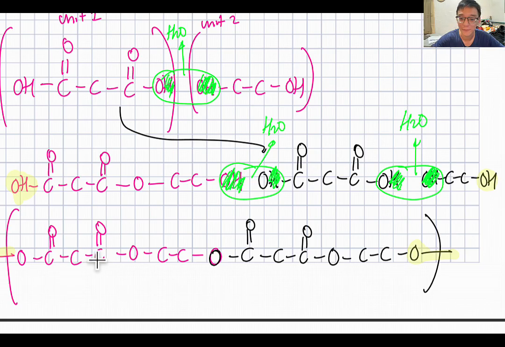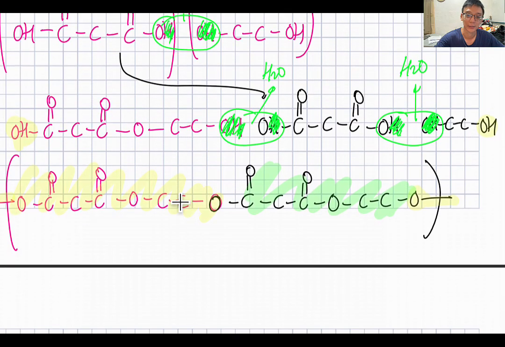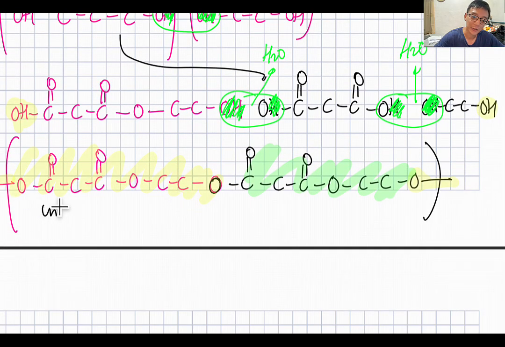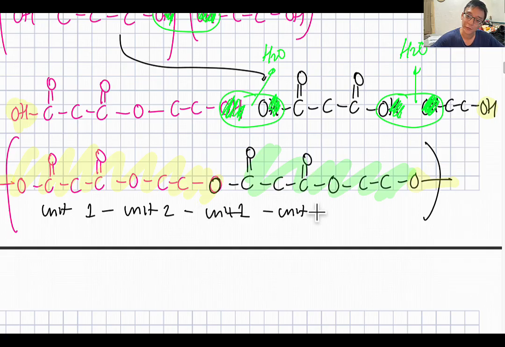In this case, we have 2 repeat units actually: repeat unit 1 and repeat unit 2. In this case, we are expelling several water molecules. So you see that here is unit 1, then unit 2, then unit 1 again, then unit 2, then unit 1 again, and so on.